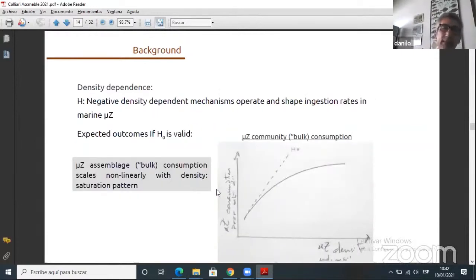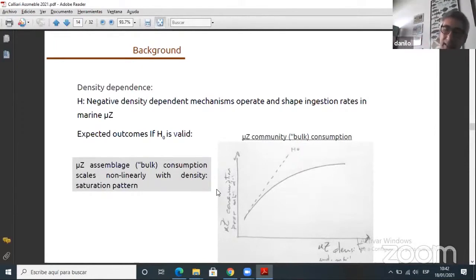If this hypothesis is valid, then this is the kind of pattern that we may expect to find. If we plot the consumption rate of the microzooplankton assemblage versus the density of the microzooplankton population, we should find what is described here by the continuous line, a positive response, but non-linear, with some evidence of saturation.